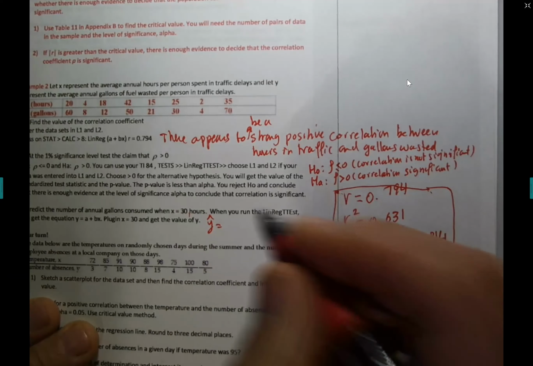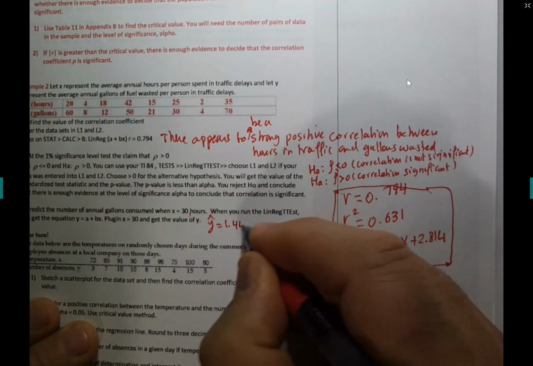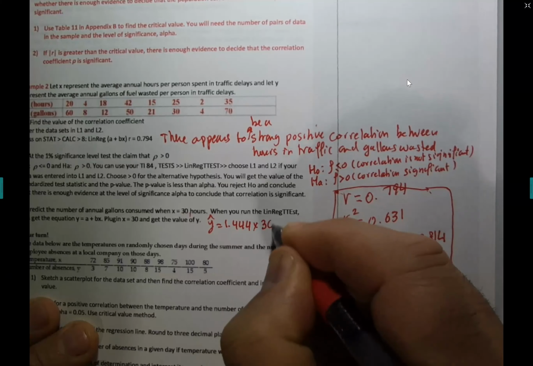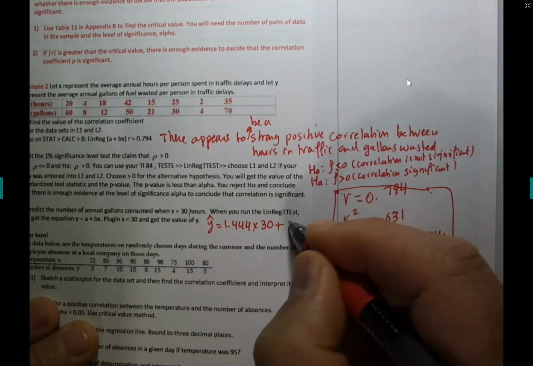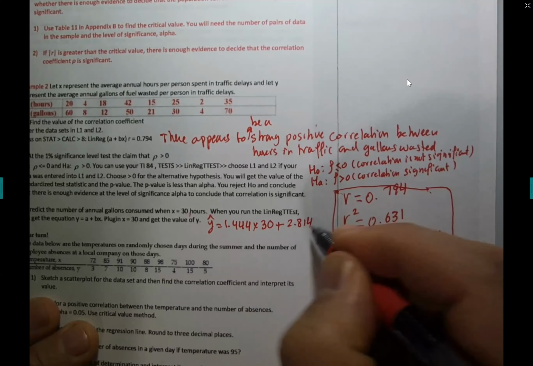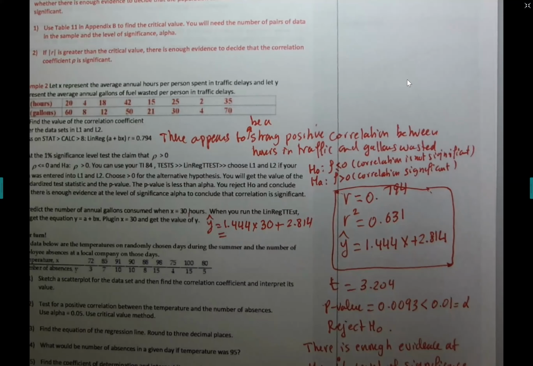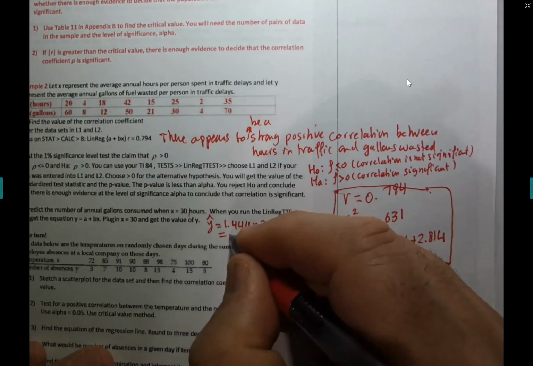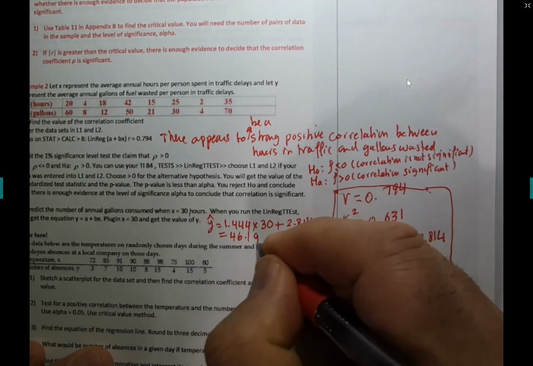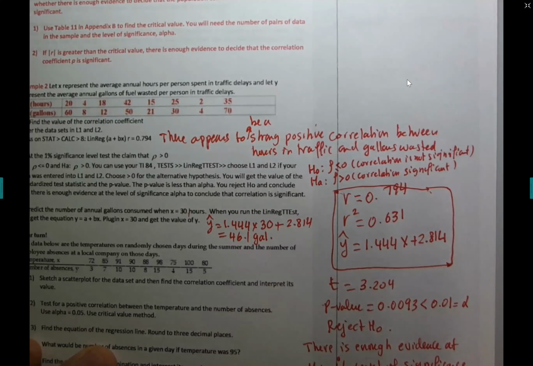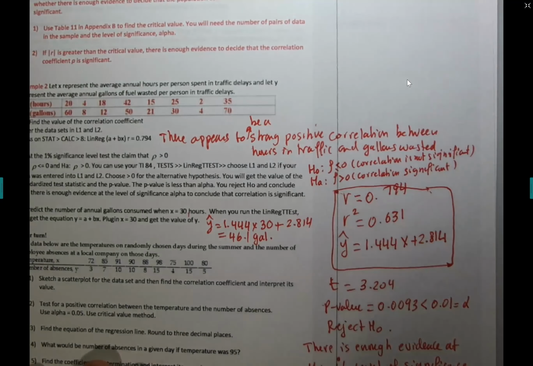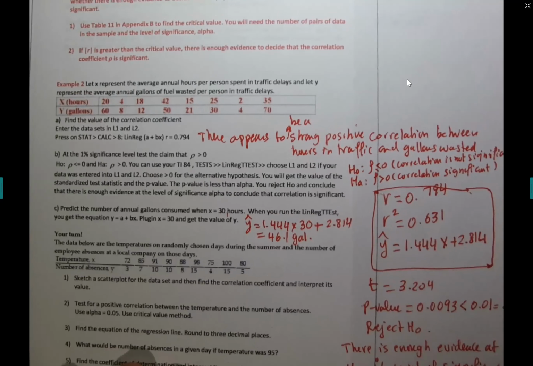I'll write it down. So this is the algebra, guys, where you need to do some algebra, plug in X values. 46.1 gallons.